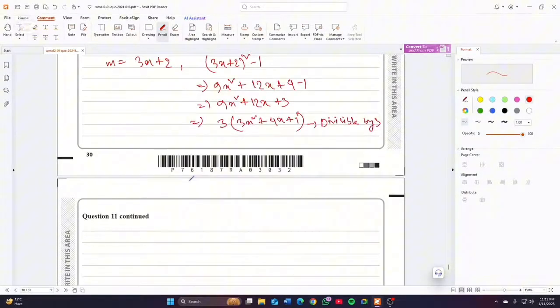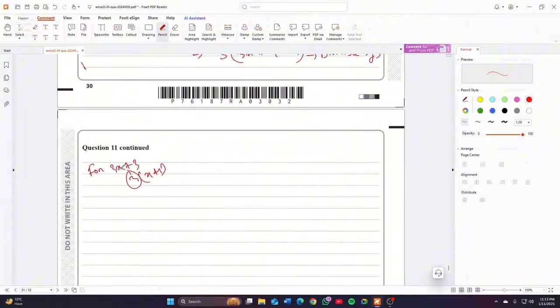Now let's try again. We cannot take 3x plus 3, because that would obviously be divisible by 3, and we can take 3 common, but we will not take that. So we will take m equal to 3x plus 4.